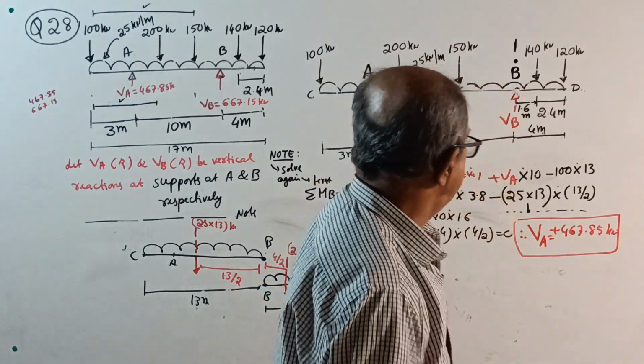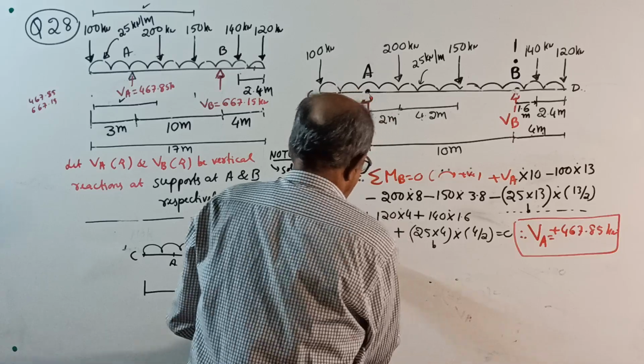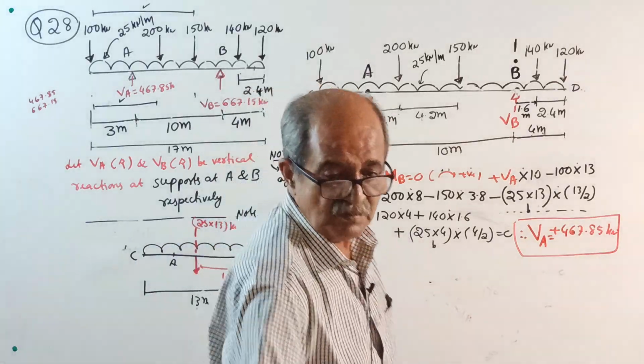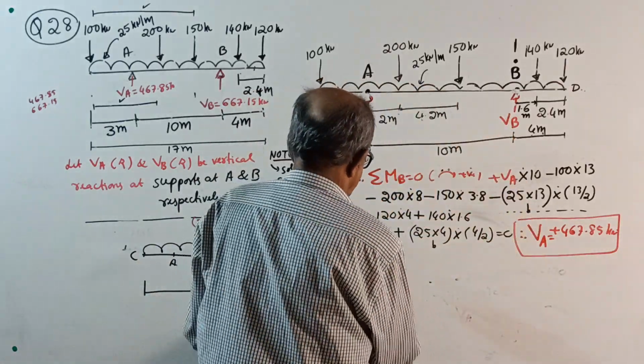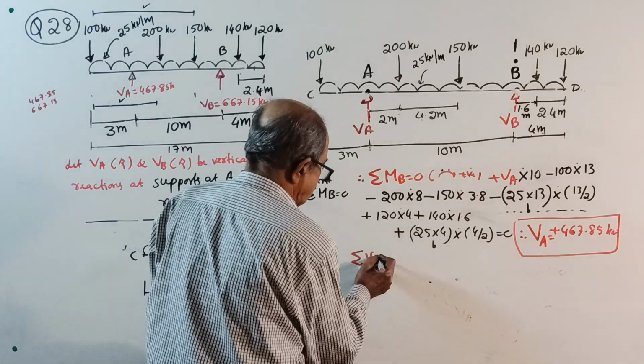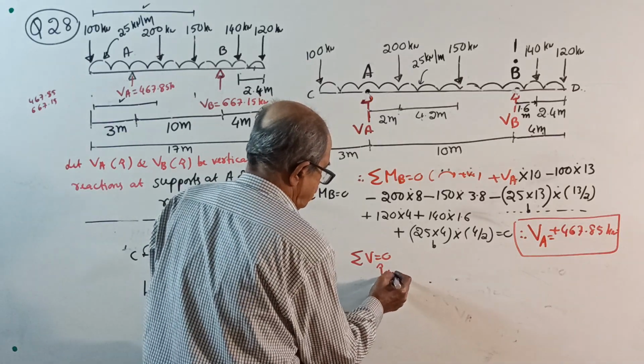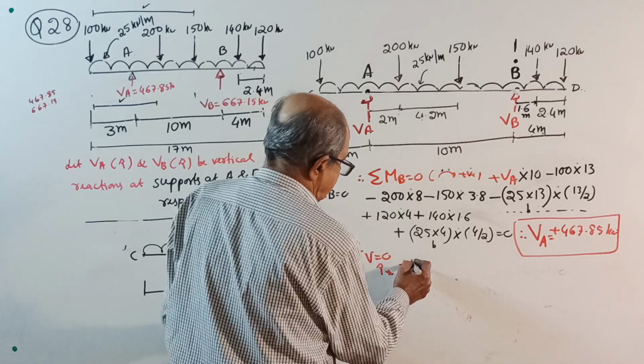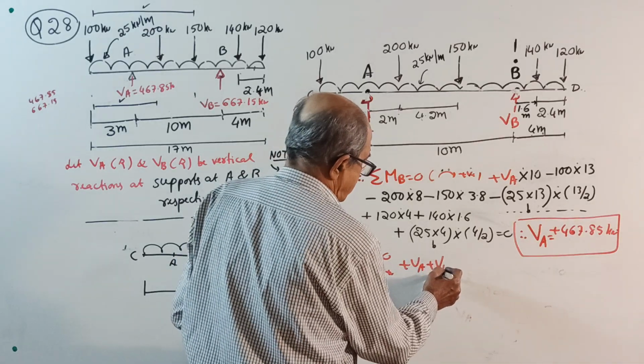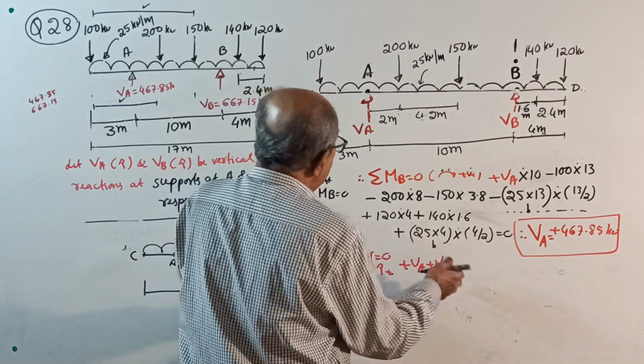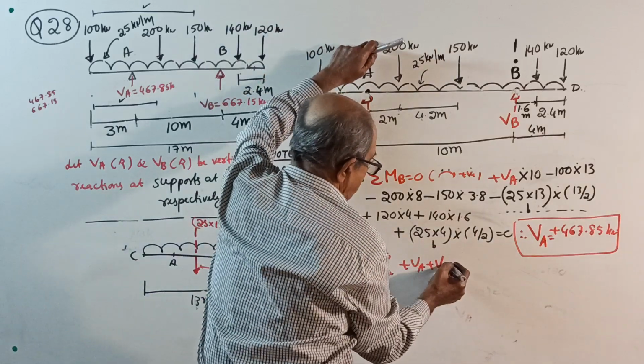Okay. Then sigma V equals 0, take upward positive. I will tell some more interesting concept today. Upward positive, plus VA plus VB. Now, only load: minus 100. I waste time now.